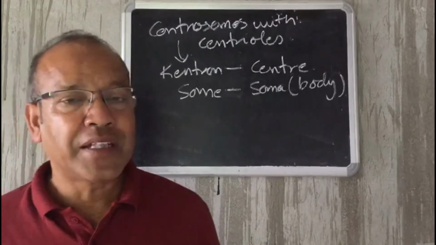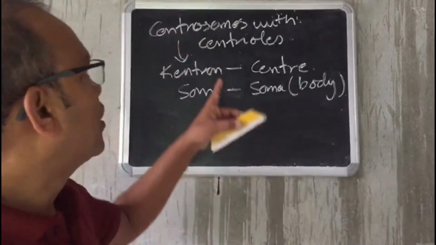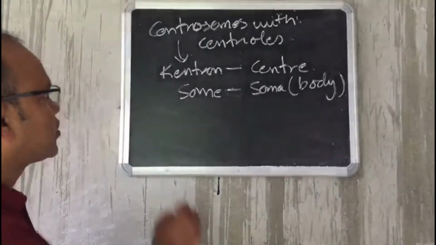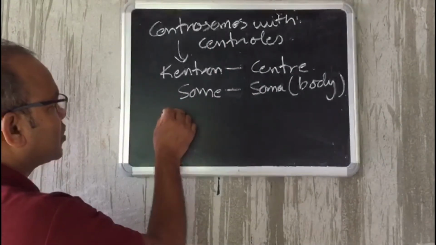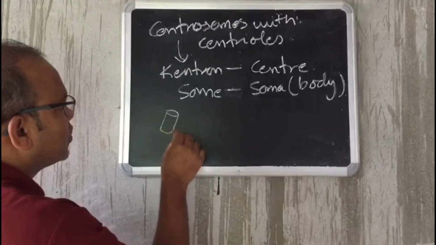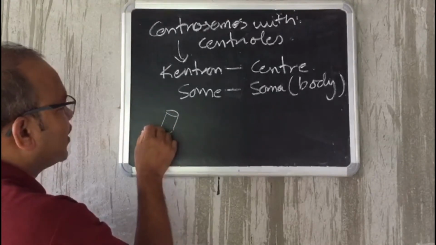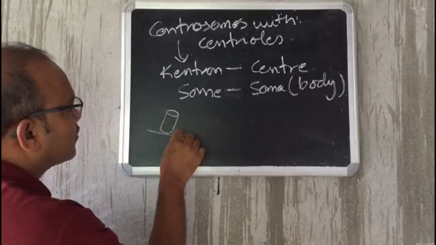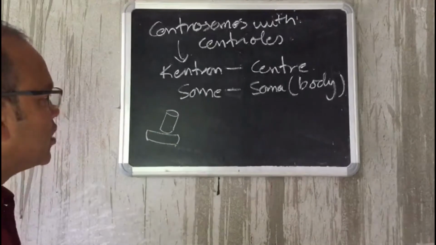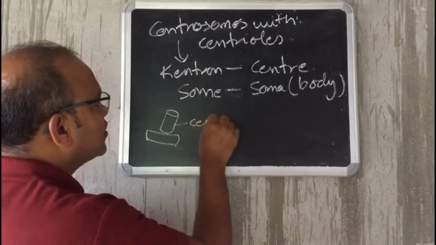This centrosome has two cylindrical structures inside it, which are known as the centrioles. Two cylindrical structures placed at 90 degrees to each other. This is known as the centrioles.